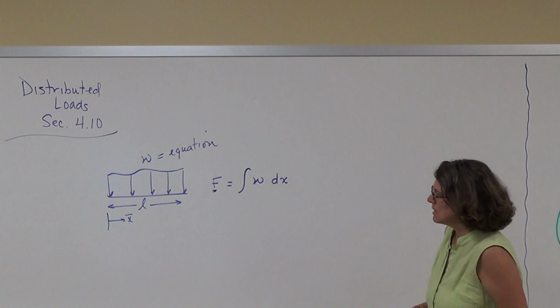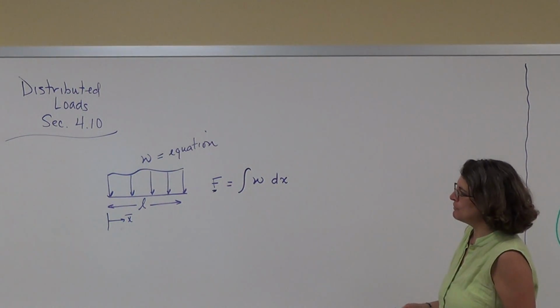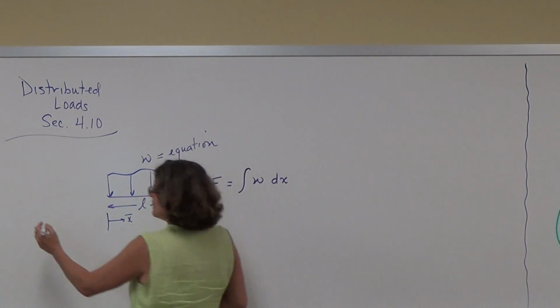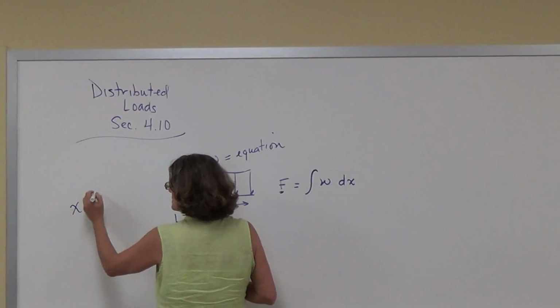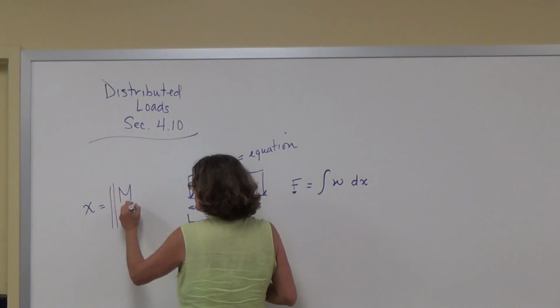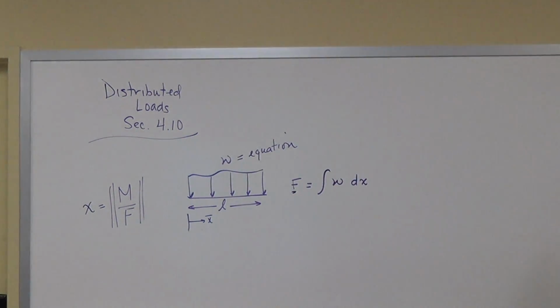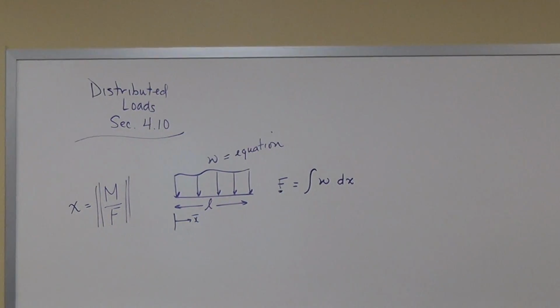Can you figure out how we would find the x distance? What else do we need? We know that the perpendicular distance x is equal to the absolute value of the moment divided by the absolute value of the force. So we need to find the moment.